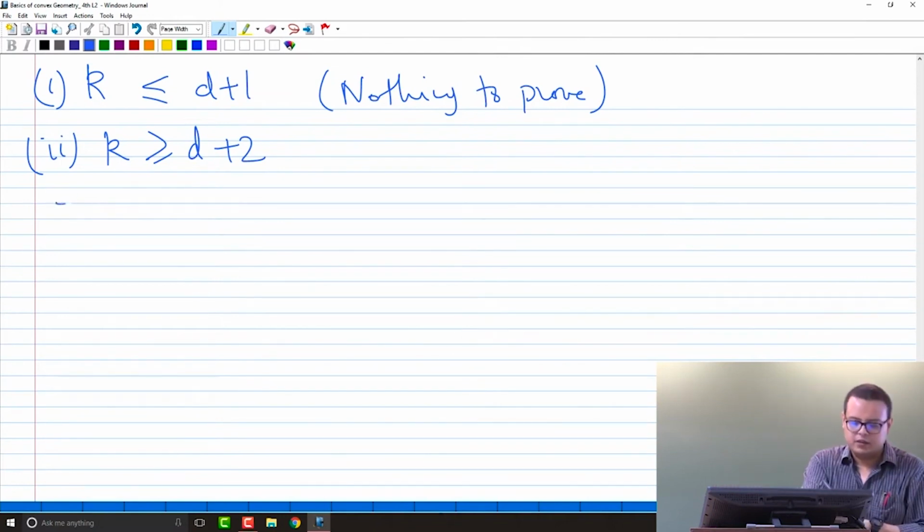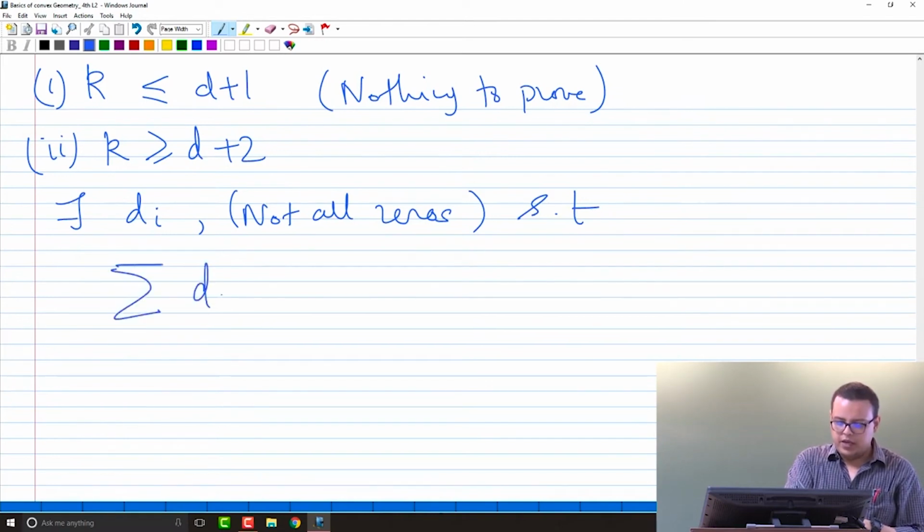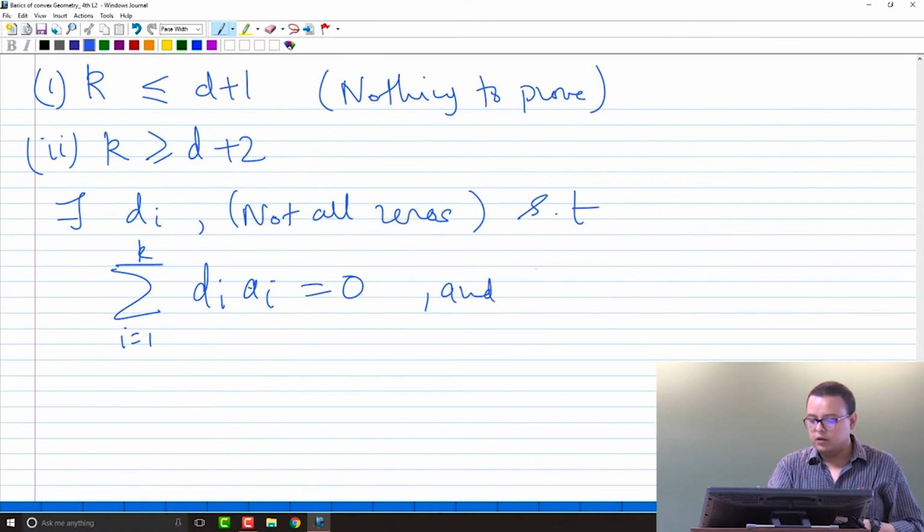So, there exist di's, not all zeros, such that summation di ai is equal to 0, i equal to 1 to k, and summation di is equal to 0.